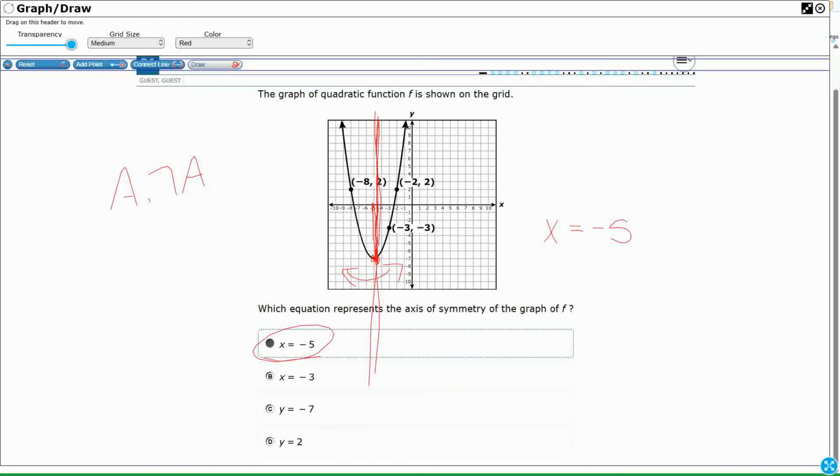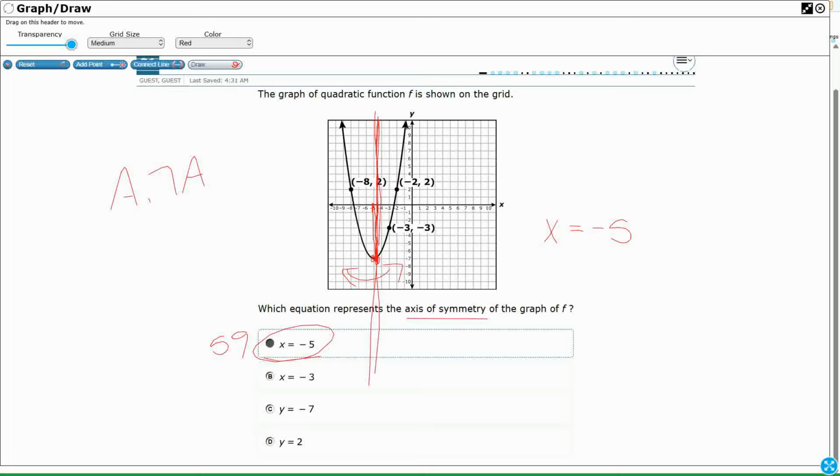We had to recognize what that term means, axis of symmetry. That means we're looking for a point of reflection. And so we only had 59% of our students get this correct. We had 16% of our students choose B, and we see this negative 3 as a given point. Now that point doesn't do anything for us. It's just there. It's probably used to distract us because that point is not important really in any way. And then we've got these two, y equals negative 7, y equals 2. Now we're not going to have a y equals, but look at this y equals negative 7.